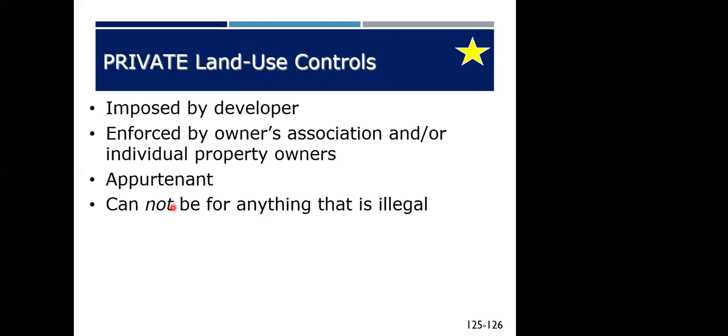And the covenants cannot be for anything illegal. It might be that when the covenants were created, it wasn't illegal, but laws and rules have changed, and now it is, and they can't be enforced. For example, some old subdivisions in the 30s and the 40s may have a restriction that says certain classes of people can't buy in this neighborhood.